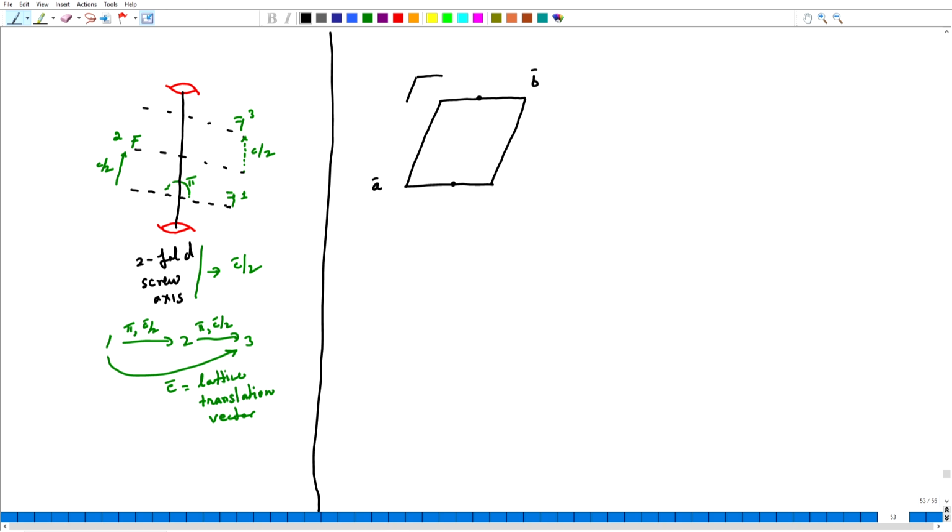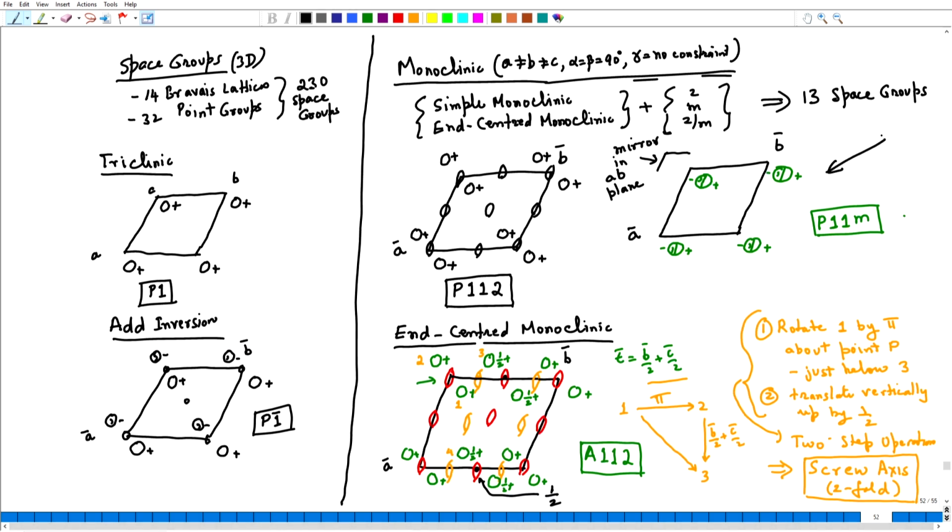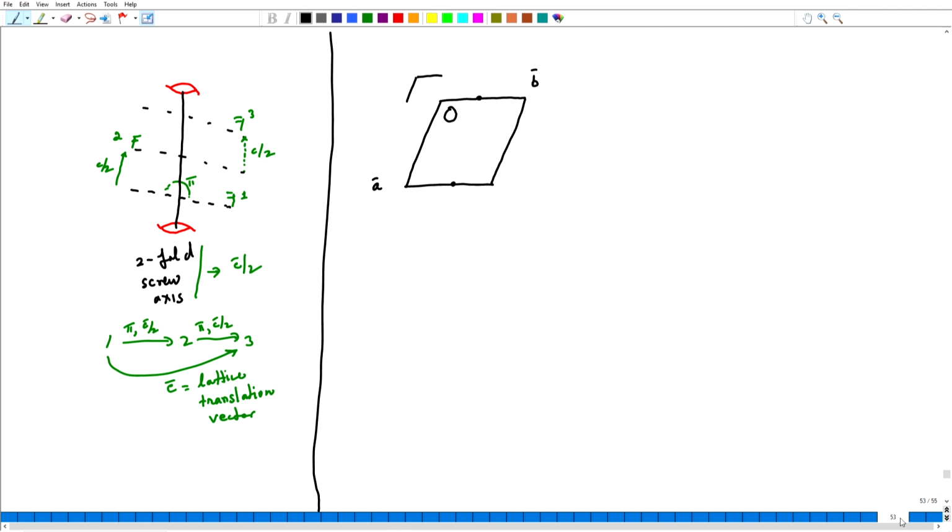I have already seen this for the case of primitive. If it was primitive, it would be P11M, where the mirror is in the AB plane. Here it is end-centered and the mirror is still in the AB plane.